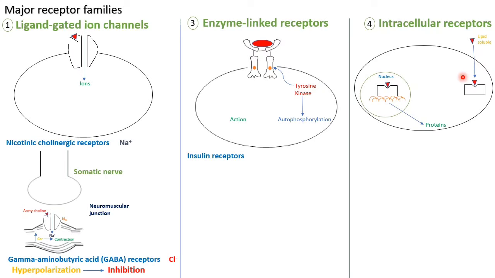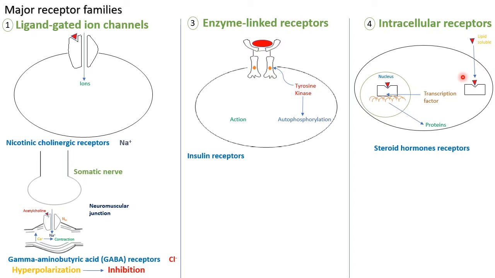Okay? And these proteins would give us actions. These proteins could be channels, could be enzymes, or whatsoever. We would discuss this later on when we are talking about the mechanism of action of some drugs that are acting on intracellular receptors. Okay?